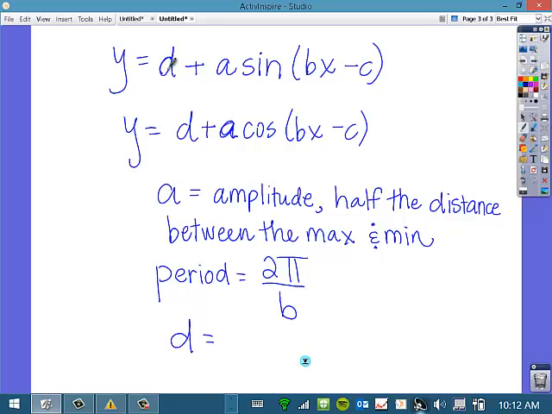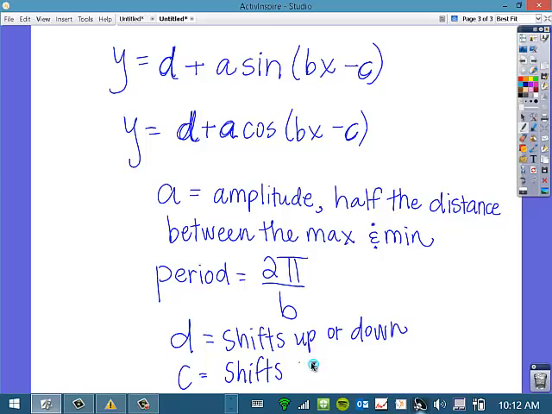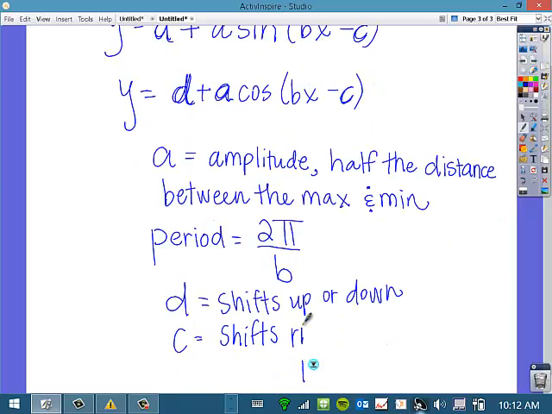All right, d, so this number, that's going to be right here, added or subtracted to your function. D shifts our function up or down. And then c moves our function left or right.